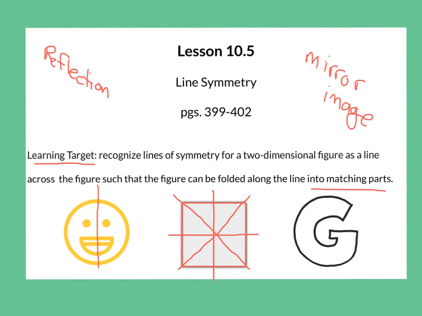Lastly, we have our letter G, and our letter G is an example of a shape or an object that does not have any lines of symmetry. For example, if I were to draw a vertical line here, you can see that this left side would never fold over and match this right side, because you have a little gap here and a little thing that sticks out.